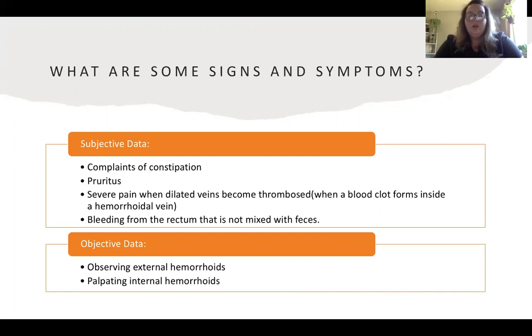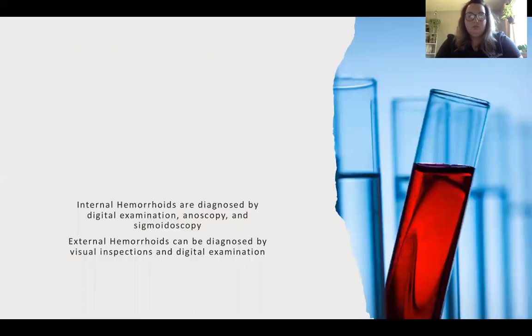Some objective data is obviously you're going to be able to observe and visualize those external hemorrhoids, and you will be able to palpate the internal hemorrhoids. Some diagnostic testing would be for the internal hemorrhoids.